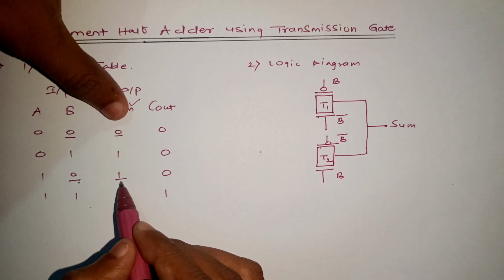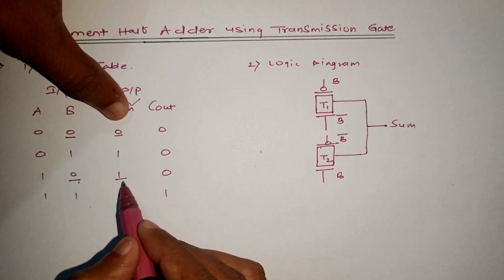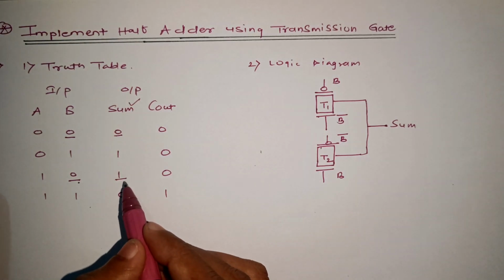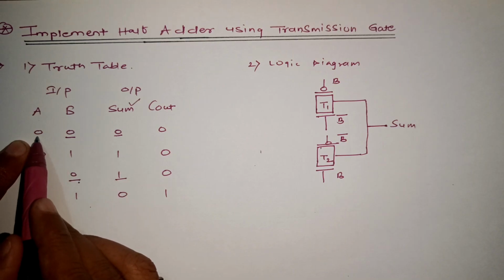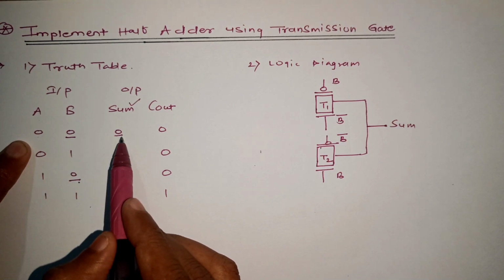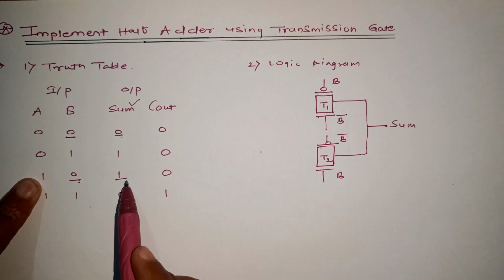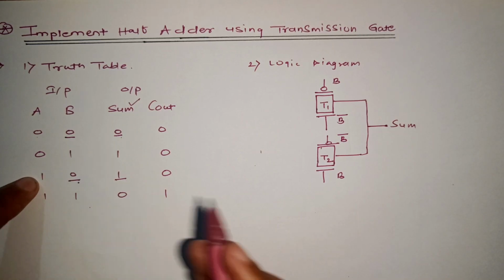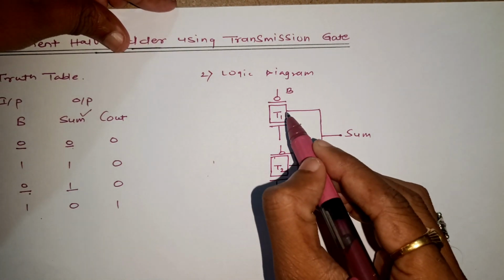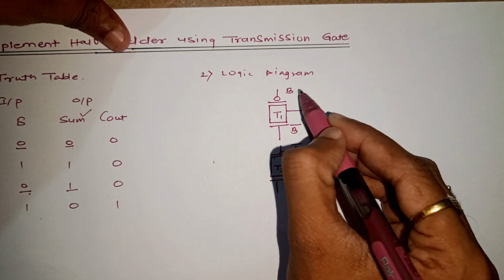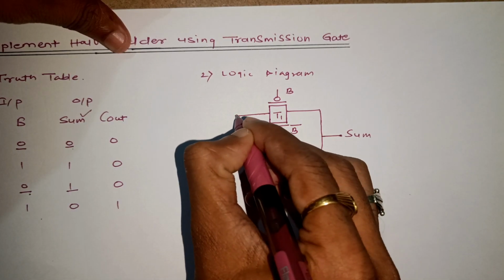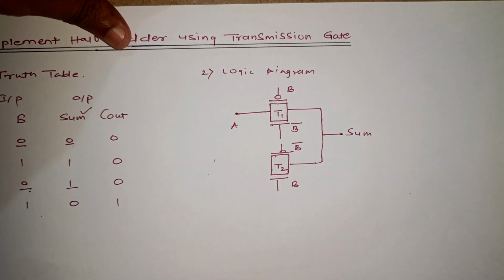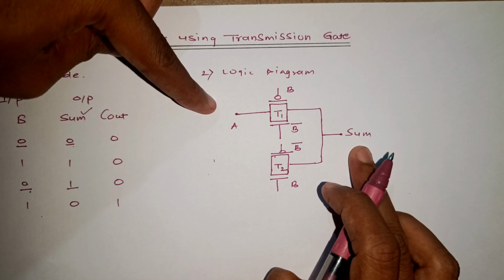Now as we are getting two different results, one as 0 and another as 1, it entirely depends upon A. For the first combination A is 0, sum is 0. That means both are the same. In this combination A is 1, sum is 1. Again it is equal to A. That means when B is 0, the first transmission gate will be turned on, and it should be connected with A. So sum is equal to A.